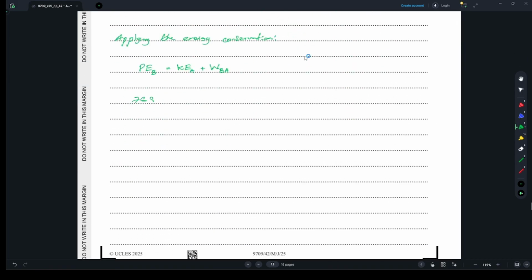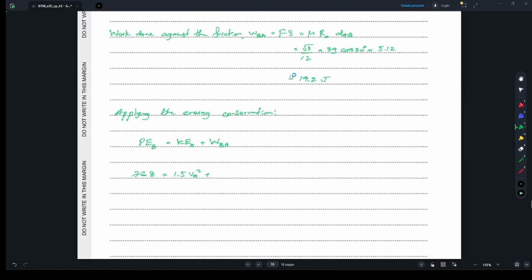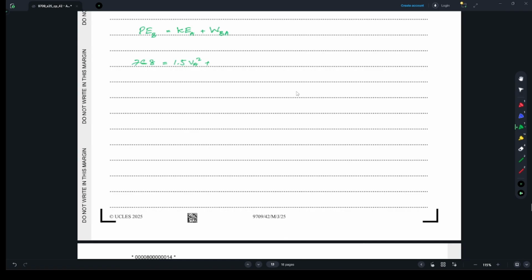Here, 76.8 equals the kinetic energy, 1.5 VA square, plus this value, the work done, 19.2. So VA is the root of 76.8 minus 19.2 divided by 1.5.